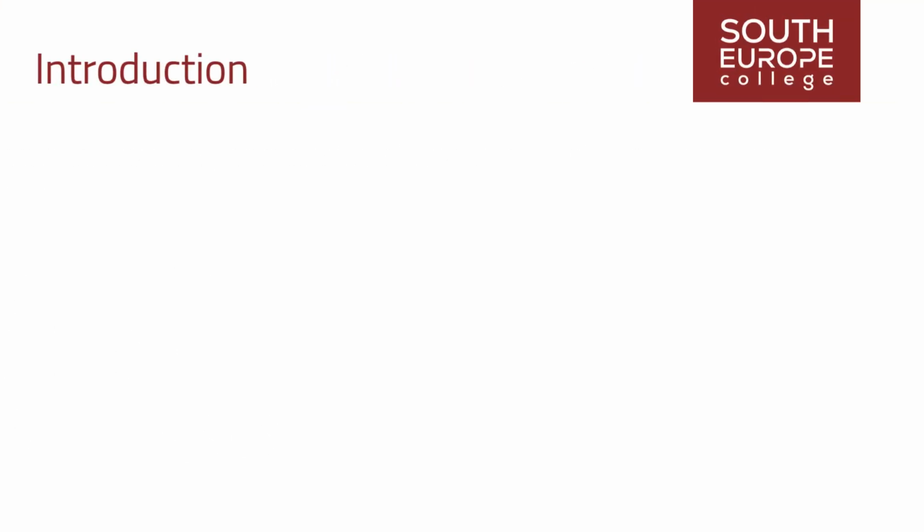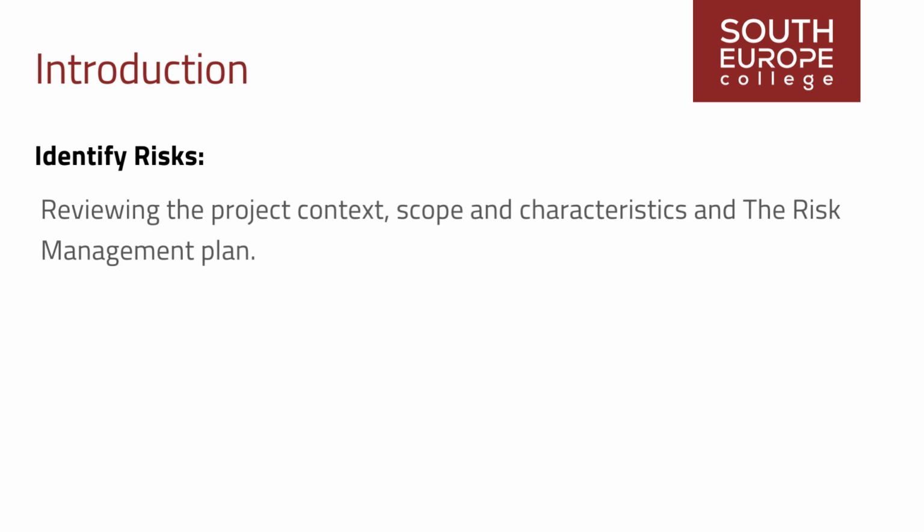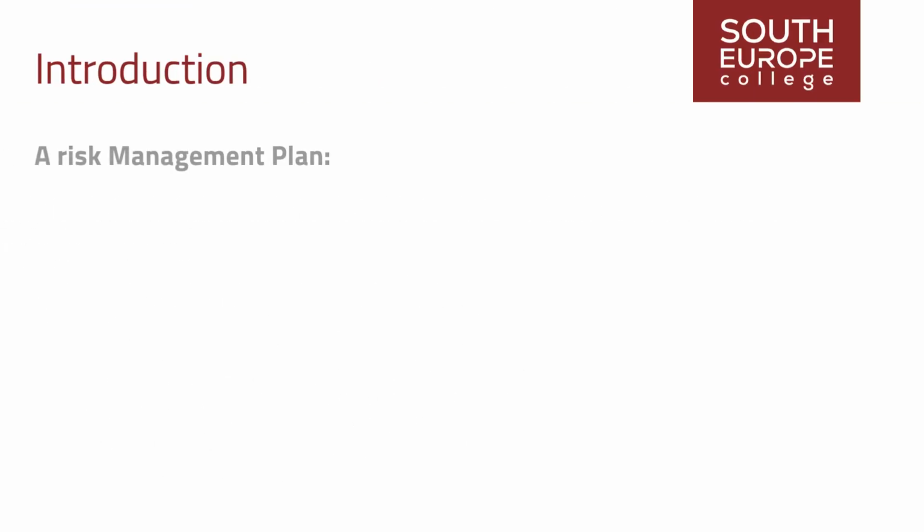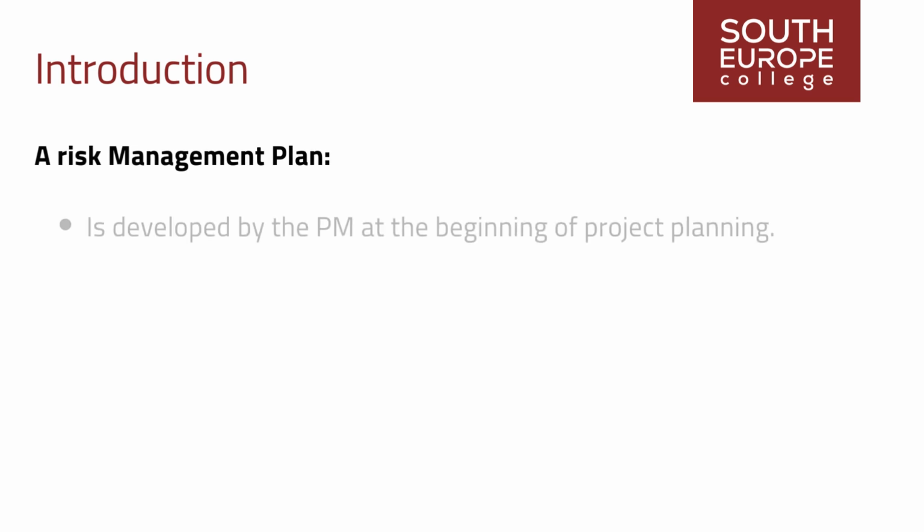In order to identify risks, the project manager and project team, or project risk team if defined, start by reviewing the project context, scope and characteristics, and the risk management plan. A risk management plan is a structured document developed by the project manager at the beginning of project planning that outlines how the project will identify, assess, prioritize, and manage risks.